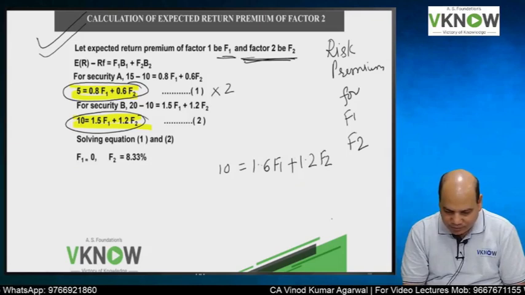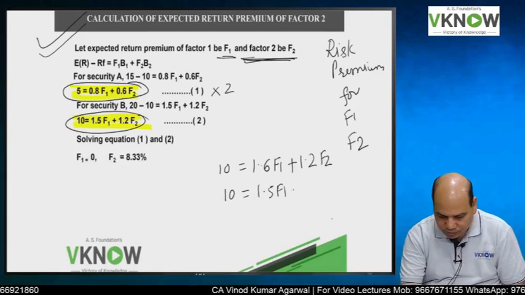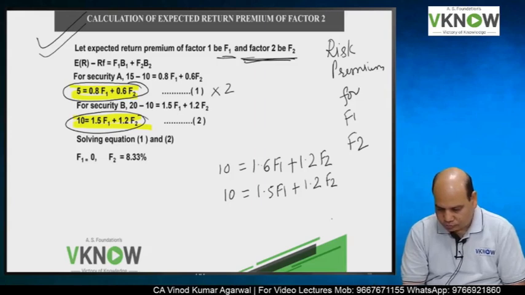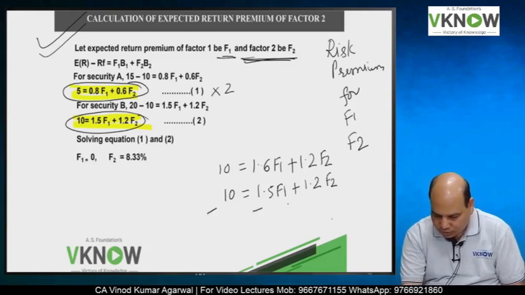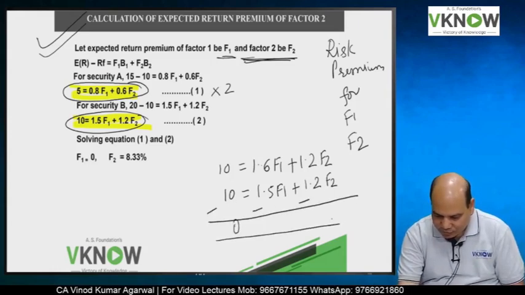No, I think I have made some mistake. Anyway, let me try. This is 10 is equal to 1.5 F1 plus 1.2 F2. Something is wrong. So minus, minus. So this will be 0.